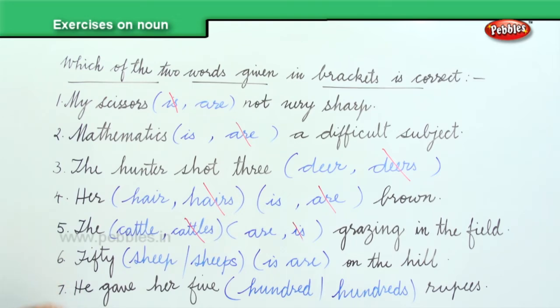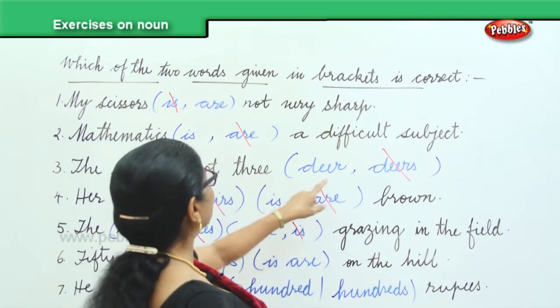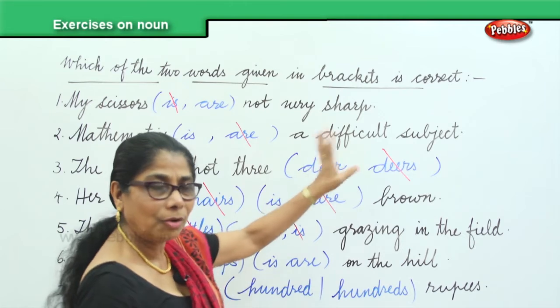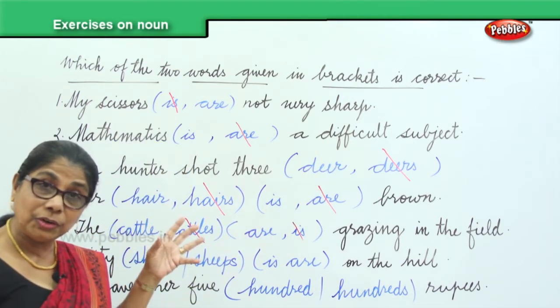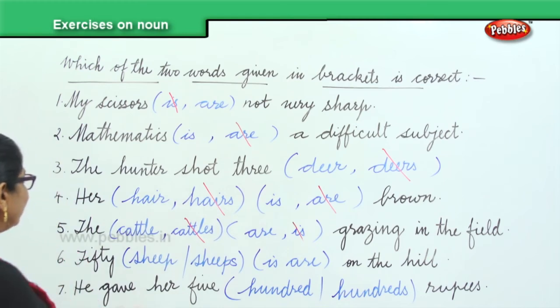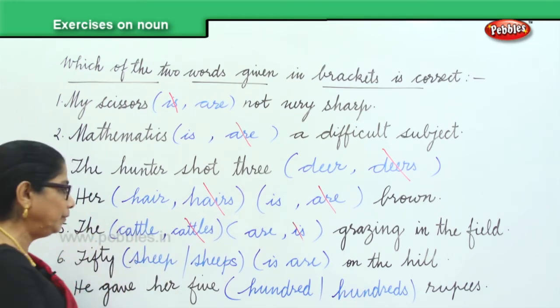Now, next one we have here is 50 sheep. When you have deer, it's deer only. When you have sheep, it is sheep only. Fish, fish only. These things you must remember. So 1 sheep, 50 sheep.